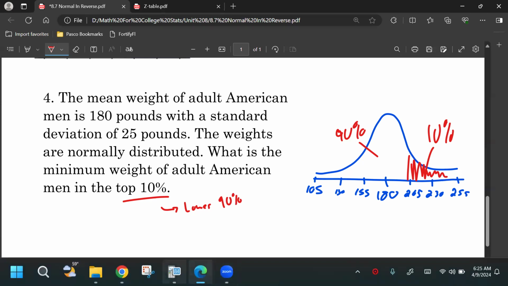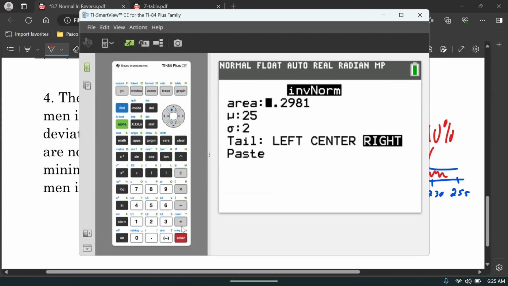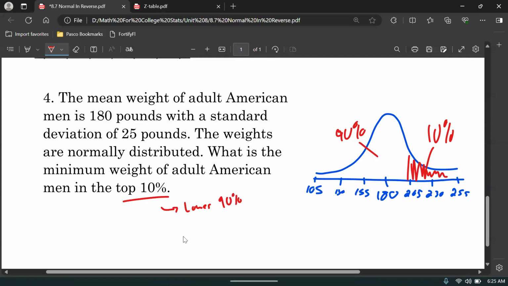So inverse norm, bottom 90%, mean 180, standard deviation 25. We go switching it back to the left, which is default anyway, and then paste it. There we go. 212 pounds basically.